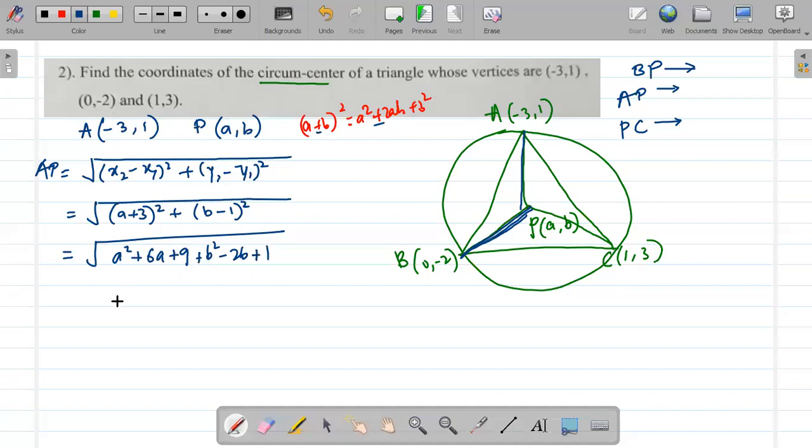So this is actually root of a squared plus b squared plus 6a minus 2b plus 10. This is our equation 1. We have got one radius. Likewise, we have to find all three radii, and then equating, we get any two equations. Okay, that's the method to it.